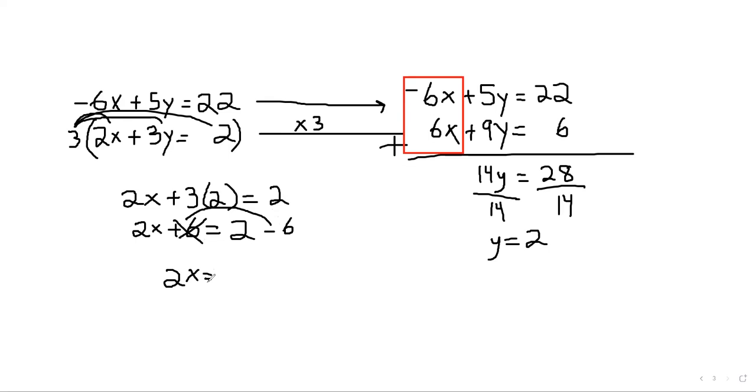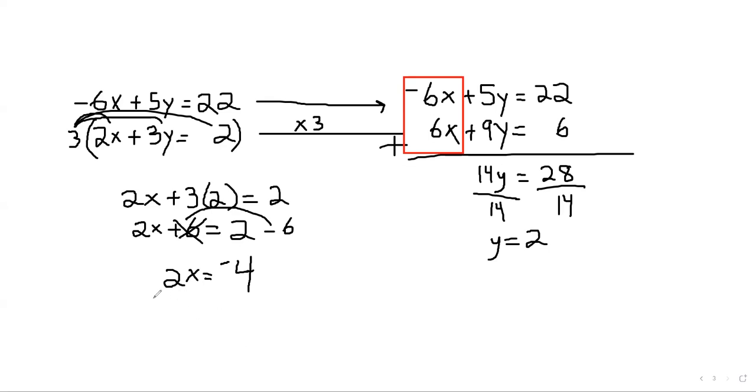Well, if you forget how to do those, just think, well, that's backwards. It should be 6 minus 2. So 6 minus 2 is 4, right? Because it's backwards, it's going to be negative 4. Okay, that's one way to remember that stuff.